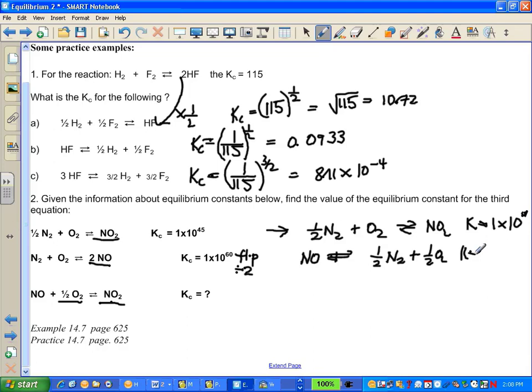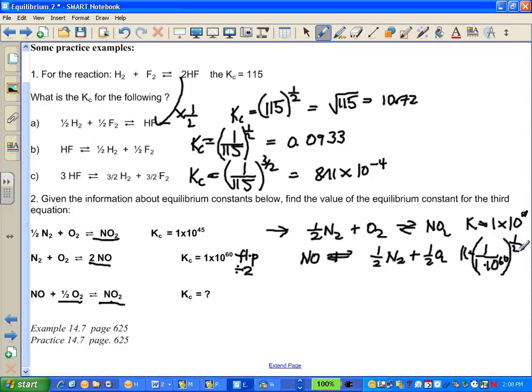So we flipped it, so it's going to become 1 over 1 times 10 to the 60. Okay. And we multiplied it by 1/2, so we need to raise it to the power of 1/2.